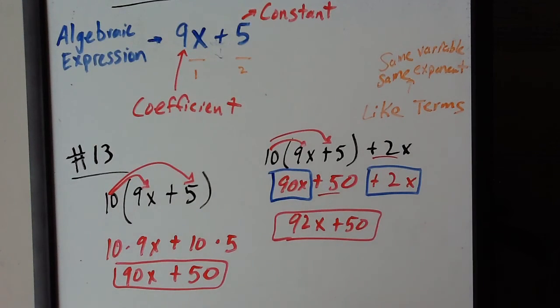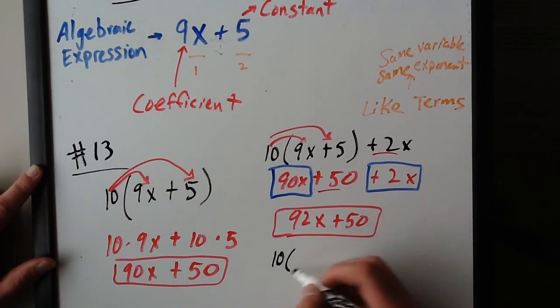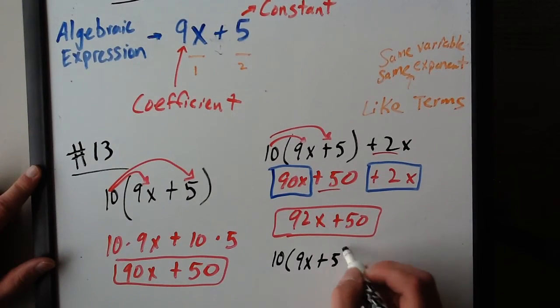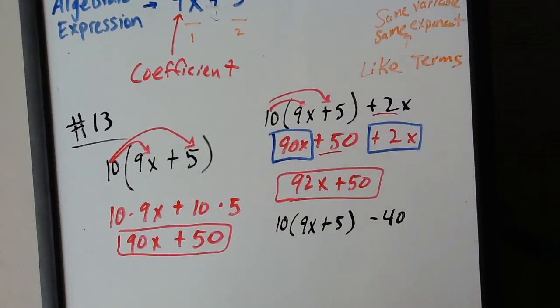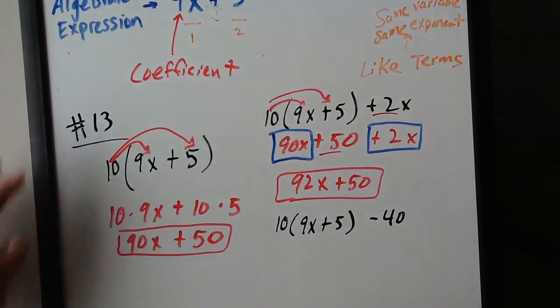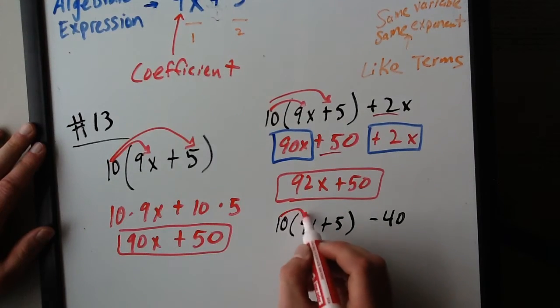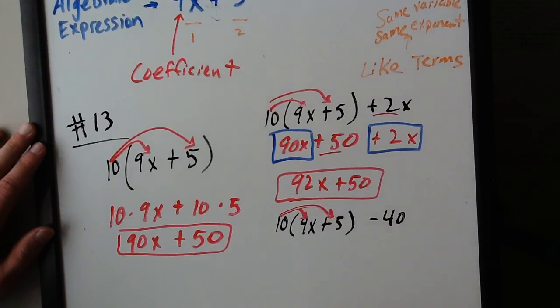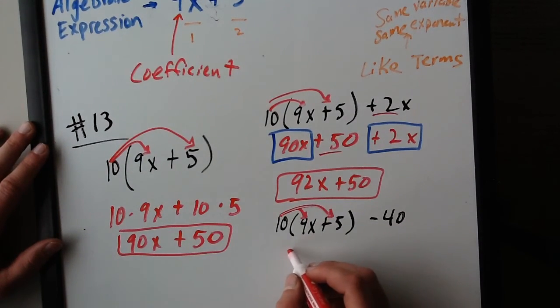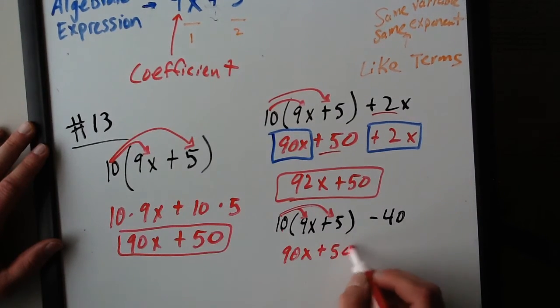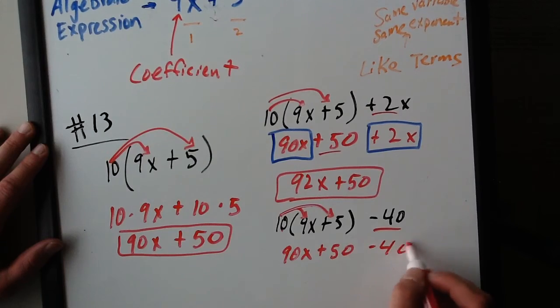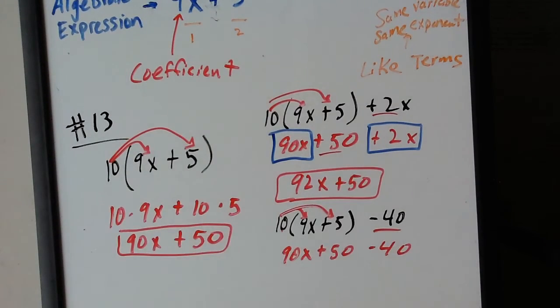Okay, I'm going to do one more like that. Let's say I had something like 10 times 9x plus 5, minus 40. Just like we've been doing, I'm going to distribute the number in front of the parentheses. So I'm going to distribute the 10 to the 9x and the 5. I get 10 times 9x is 90x. 10 times 5 is positive 50. And then again, I add this term on. So here are my like terms.